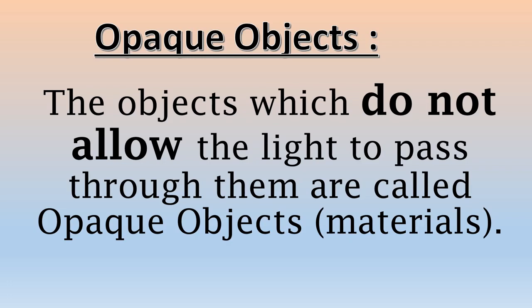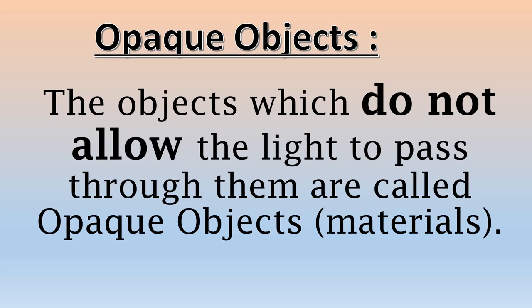Finally, the last category of objects are called opaque objects. The objects which do not allow the light to pass through them are called opaque objects or opaque materials.